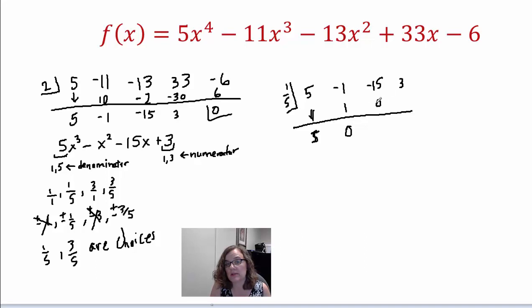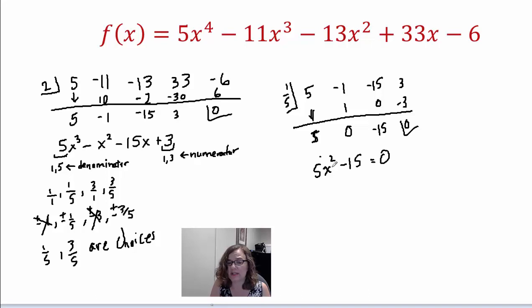I drop the 5 and I get 1/5 times 5. On my calculator, I type in 1/5 times 5, and what I get is 1. Add that to negative 1, I get 0. 1/5 times 0 is 0. I add that and I get negative 15. 1/5 times negative 15. Again, if you're not good at fractions, it's okay. Just type it in your calculator, and that is negative 3. So now what I have is 5x squared minus 15. When I set that equal to 0, this is pretty easy to solve.